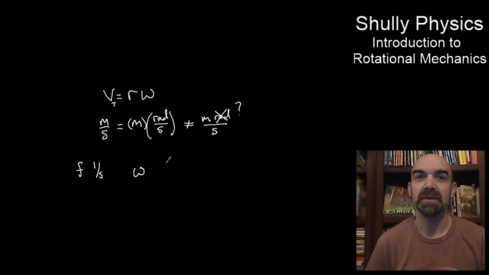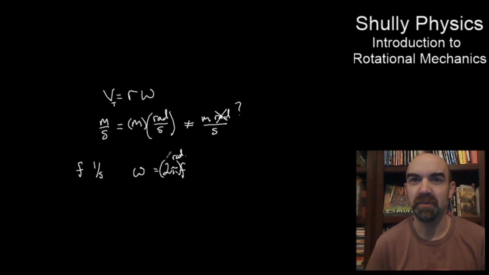Omega is 2 pi times frequency. In other words, instead of 1 revolution, we've got 1 revolution times 2 pi radians per second. And that's just a hidden unit in there, is that radians.